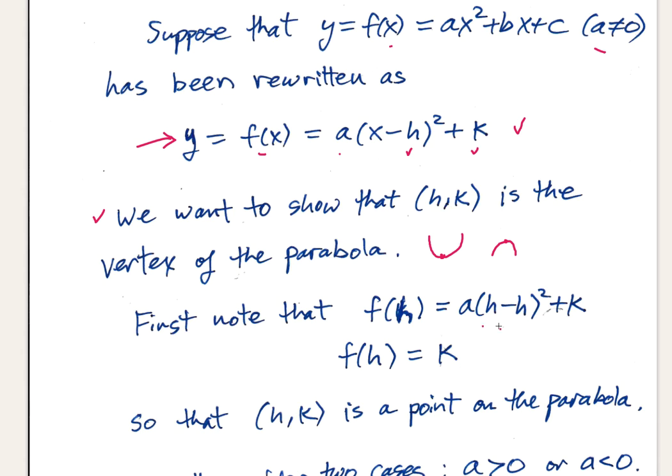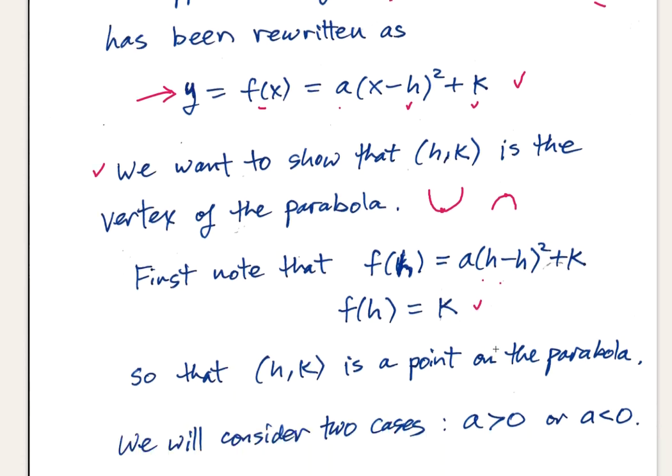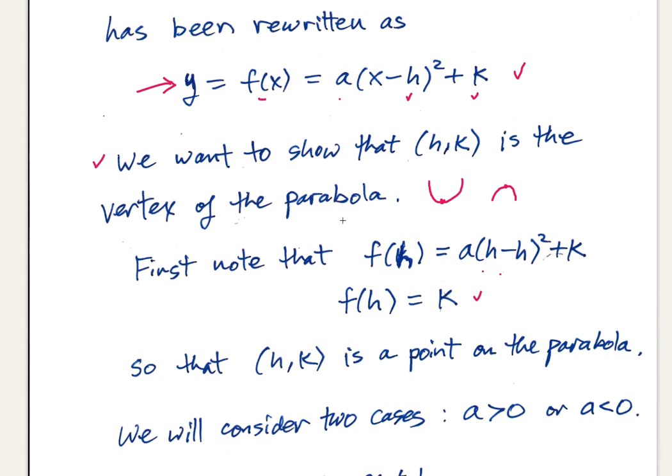But you can see that h minus h is 0, so I've got a times 0 squared plus k, which boils down to k. What this means is that (h, k) is certainly a point on the parabola. Now, I'm not imagining that h and k are the coordinates of the vertex right now. Just to re-emphasize, they're just the values you get by completing the square up here. We're trying to show that that point is actually the vertex of the parabola.